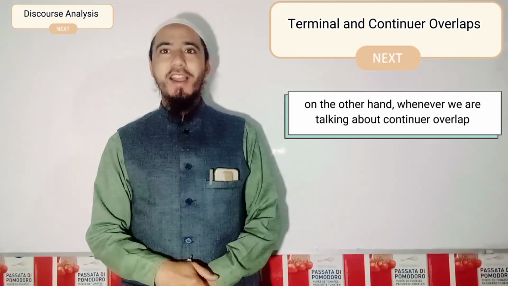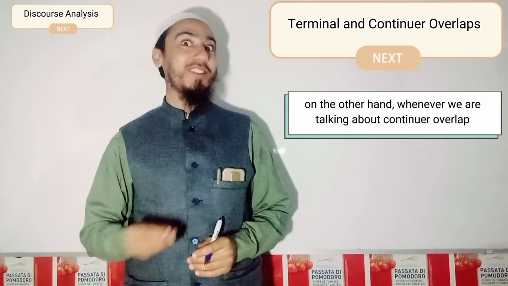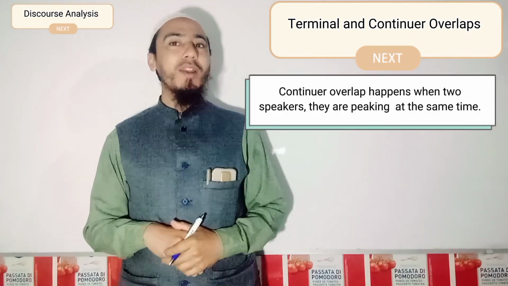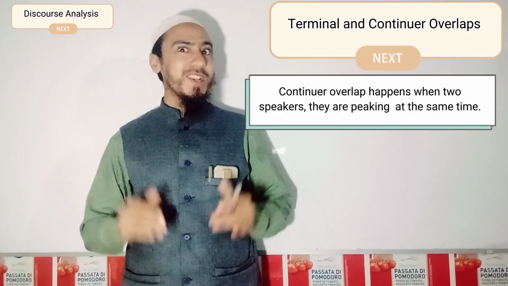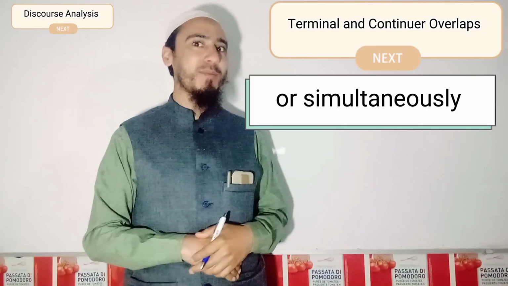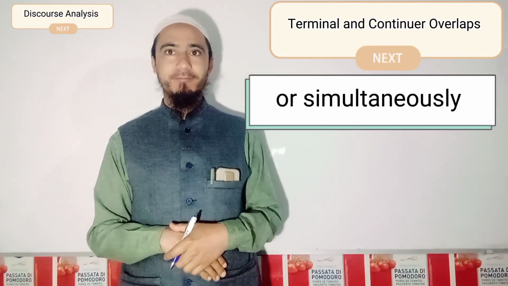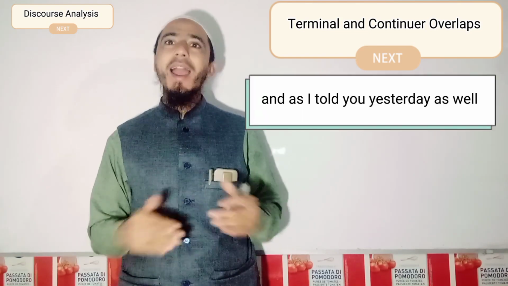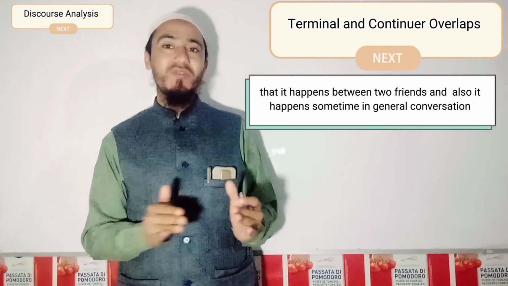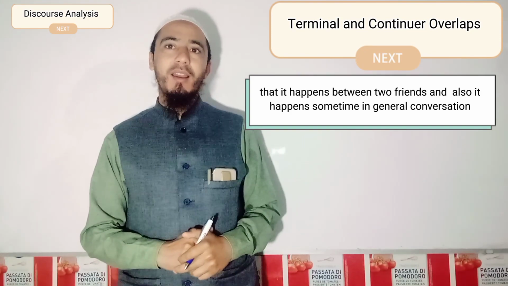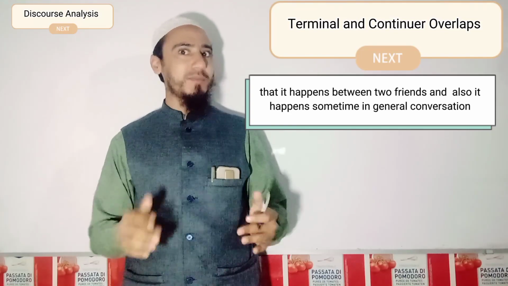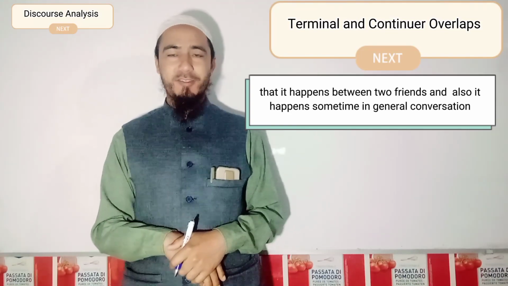On the other hand, whenever we are talking about continuer overlap, it happens when two speakers are speaking at the same time or simultaneously. And as I told you yesterday as well, it happens between two friends, and also sometimes in general conversation.